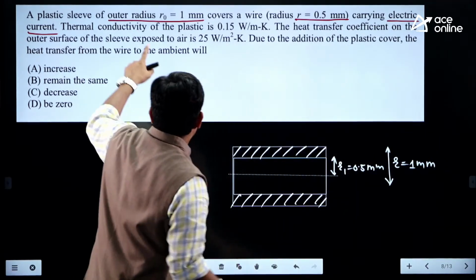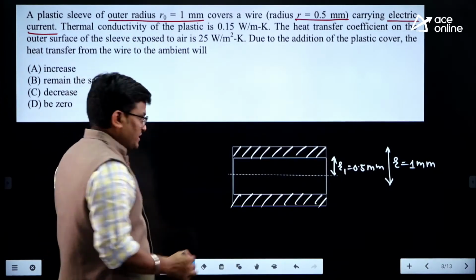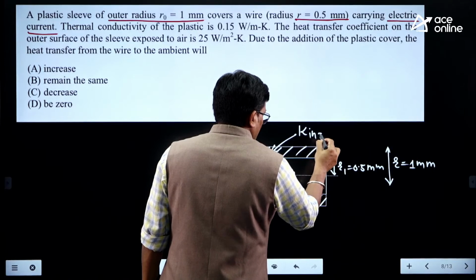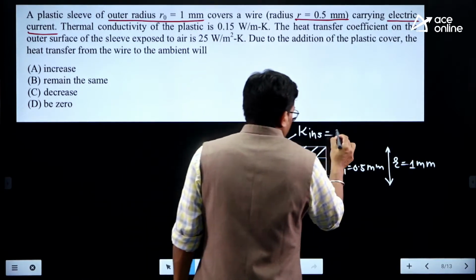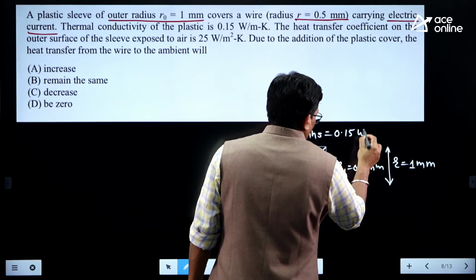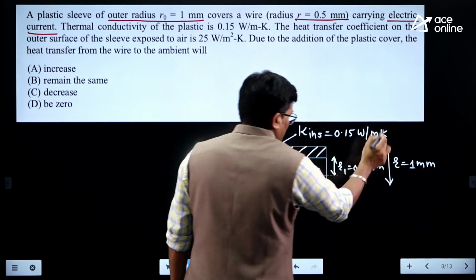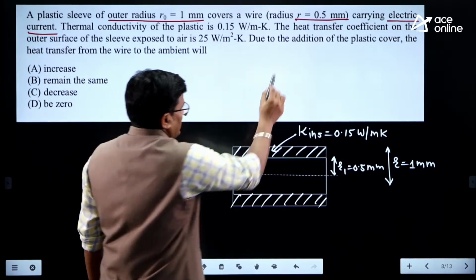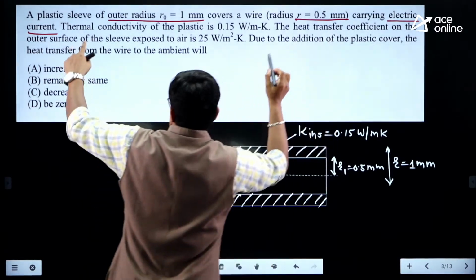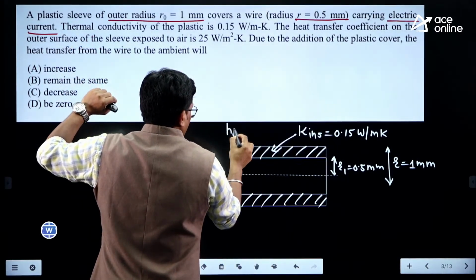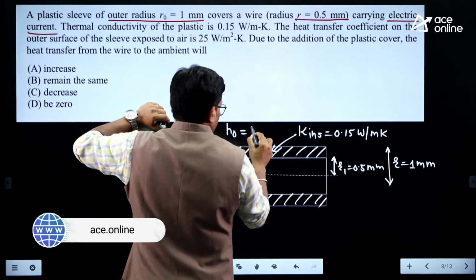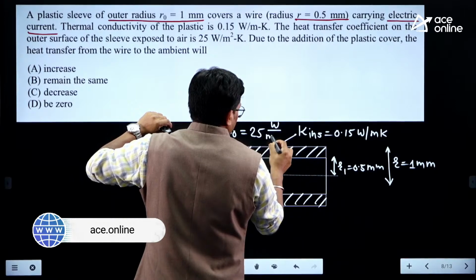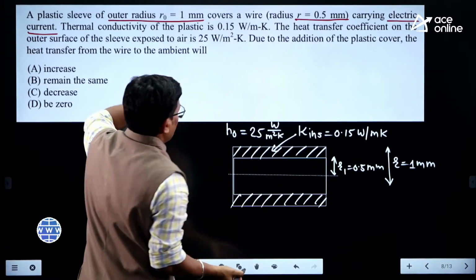Now the thermal conductivity of the plastic. This is K of insulation, of course plastic acts like an insulation, that is 0.15 watt per meter Kelvin. The heat transfer coefficient on the outer surface of the sleeve, H naught, is 25 watt per meter square Kelvin.